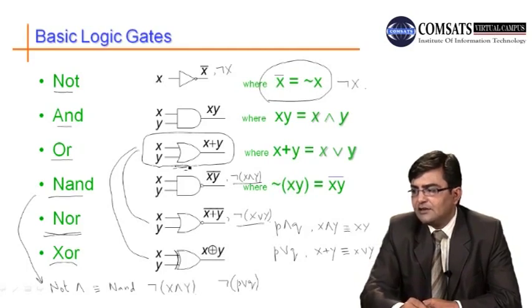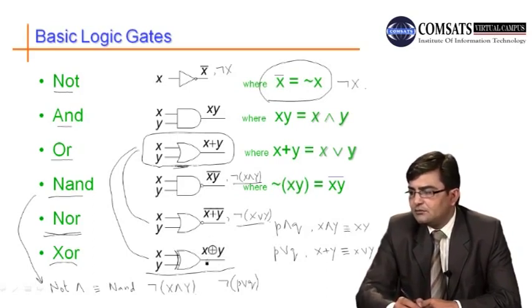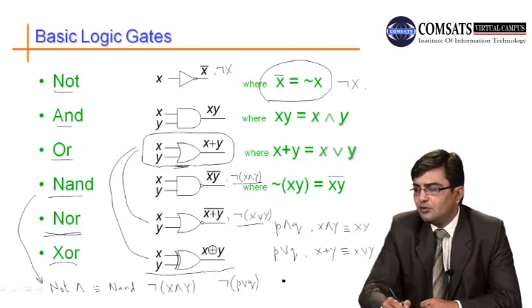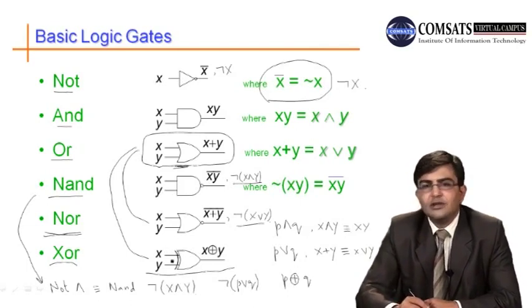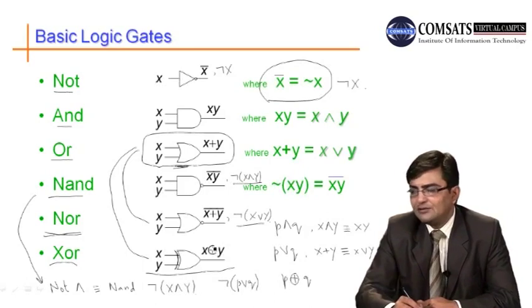So this is the symbolic representation of the XOR basic logic gate. It is written as X plus circle, as we write the XOR operator. In the previous lecture we wrote it as P plus circle Q. It also has two inputs, and the output is X XOR Y.